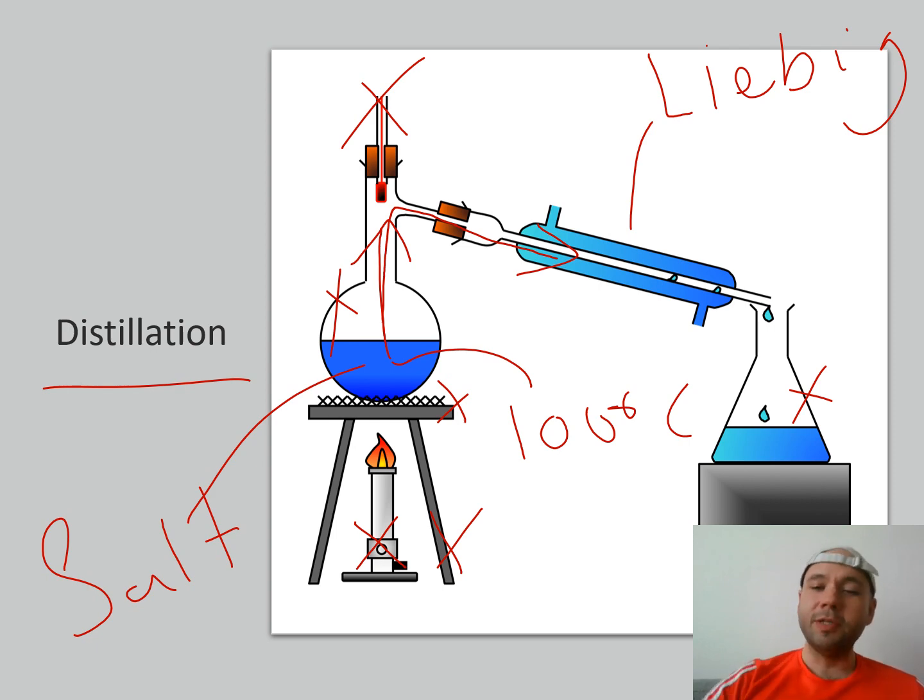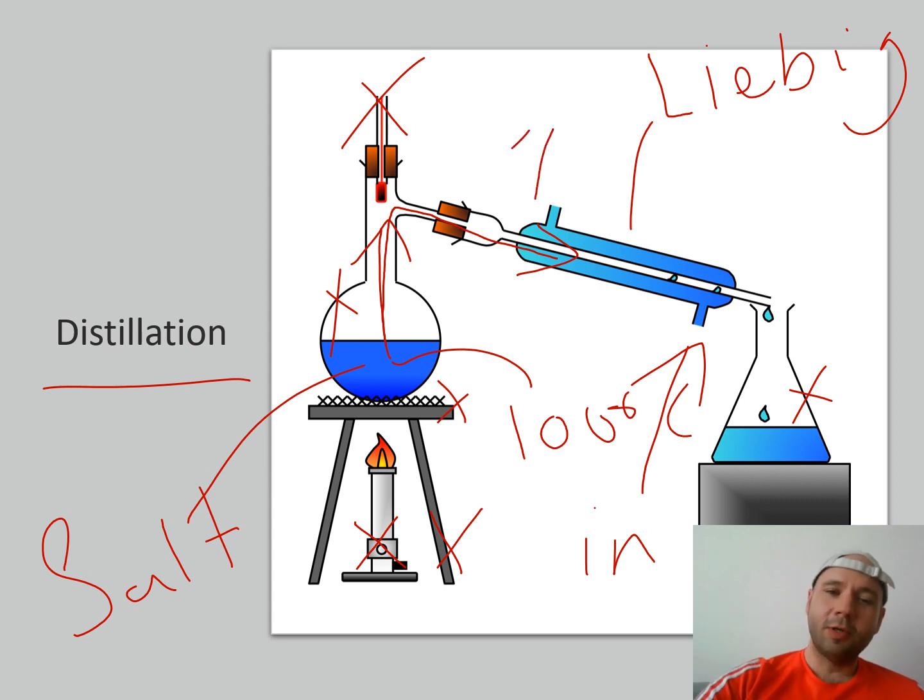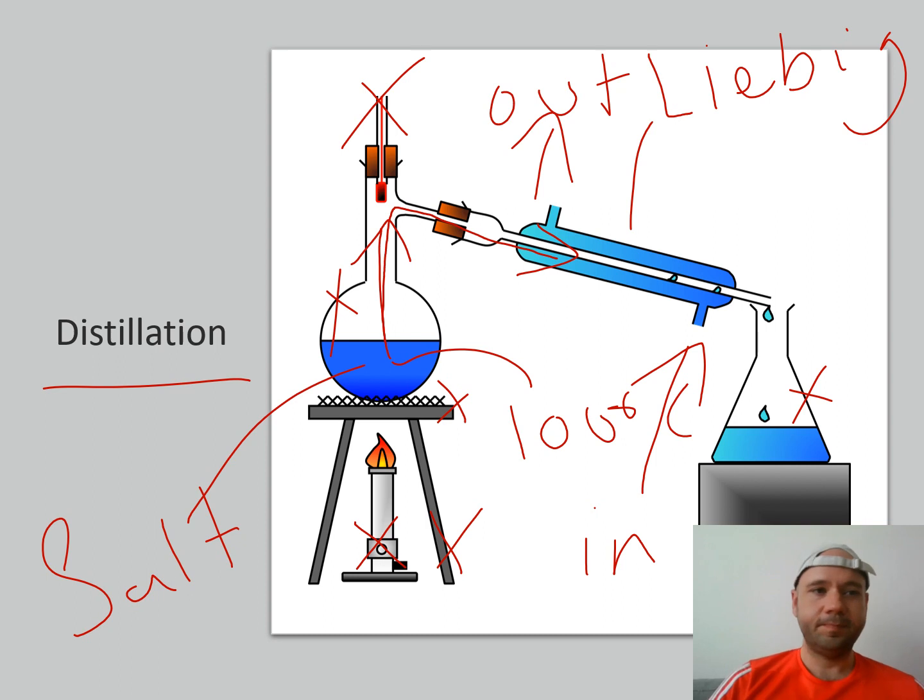Okay, how do we do that? Well, we've got water coming in and water coming out of the Liebig condenser. Okay, so the water coming in goes all the way around the Liebig condenser, creating a very cool environment.